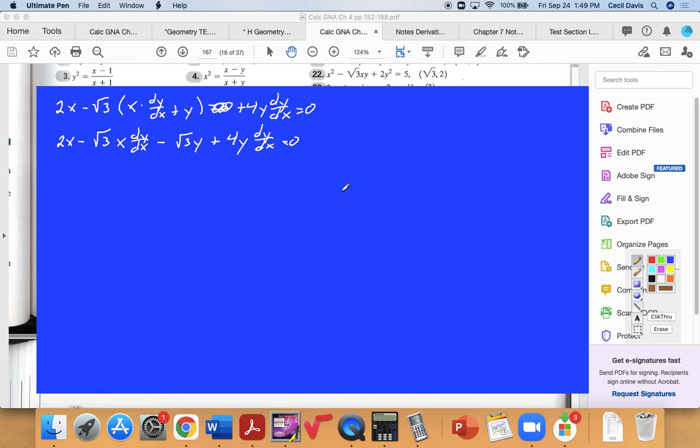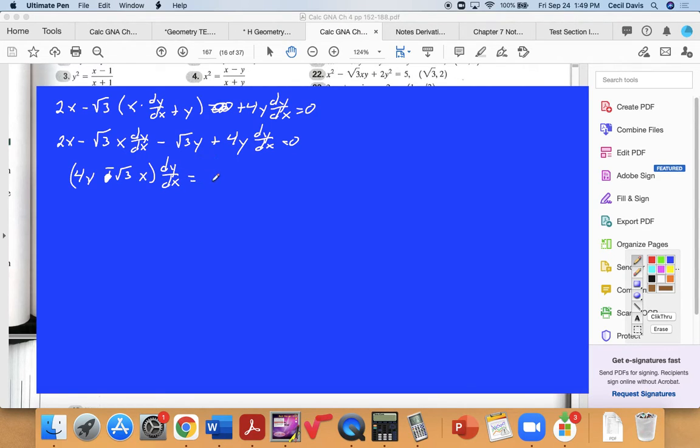Then what? Then I got confused because I felt like I was dividing on dy dx, but I'm really not. Yeah, what you want to do is put all the things with dy dx on one side and everything else on the other side. So I would write it like this: 4y minus the square root of 3x are both being multiplied times dy dx, right?